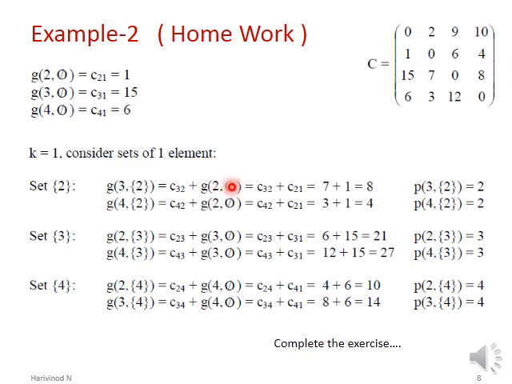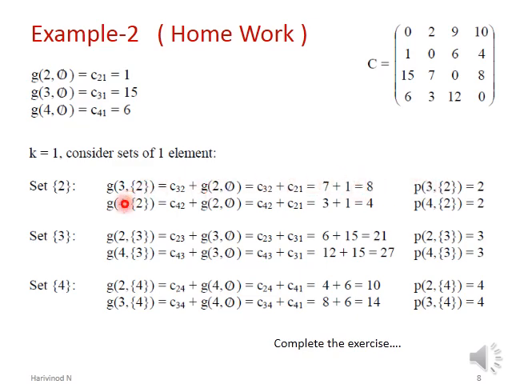Start from 2, visit none of the vertices, come back to 1. That is the definition of G. So it is nothing but the earlier value. So it is 7 plus 1, it is 8. For our convenience, we are also storing the previous vertex information here. Otherwise, we have to trace back at the end. Just to avoid that, the previous vertex information is also stored here.